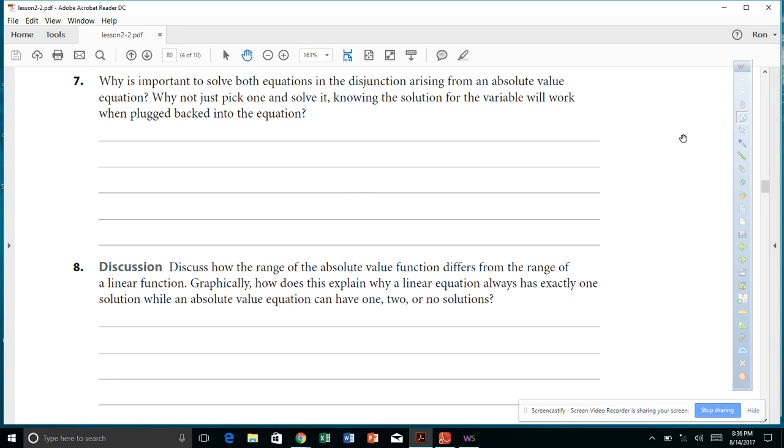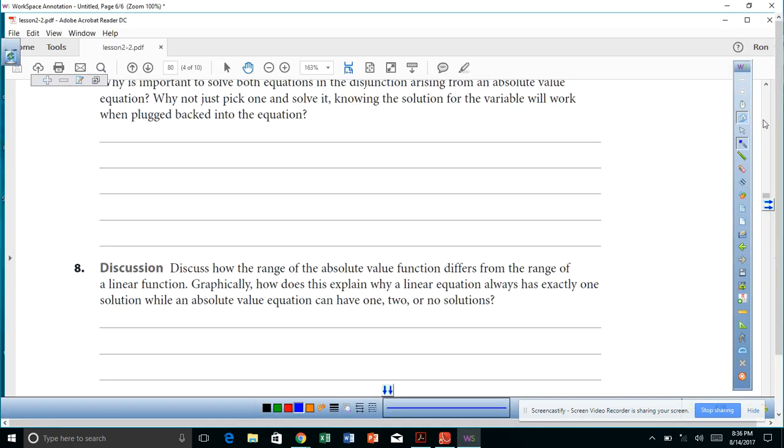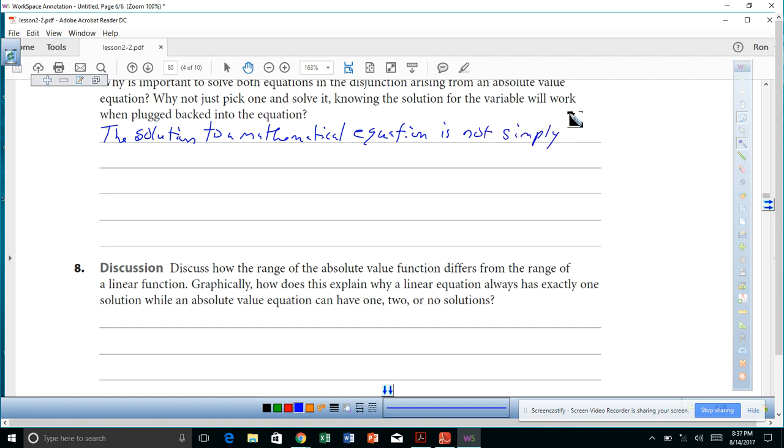So let's write this out. The solution to a mathematical equation is not simply any value of the variable that makes the equation true.